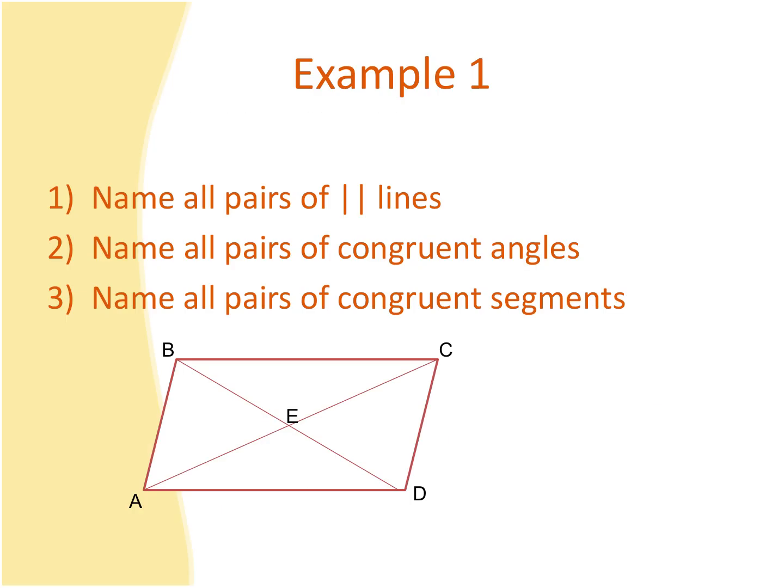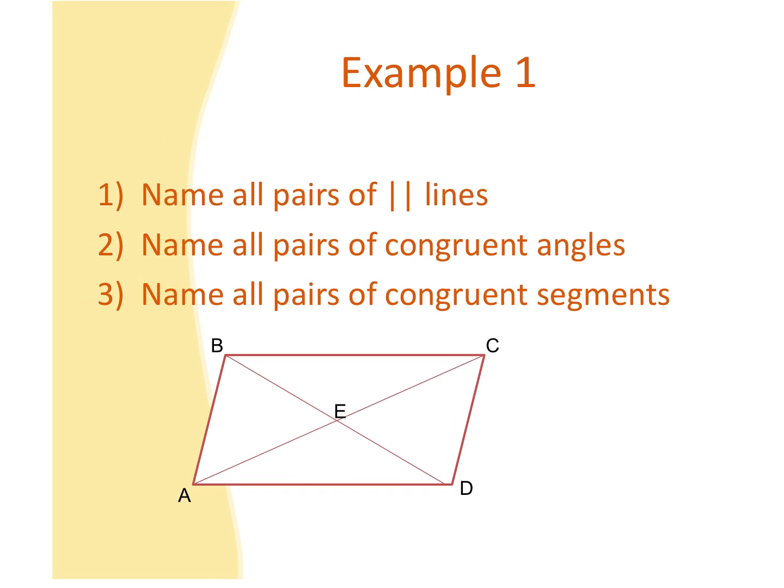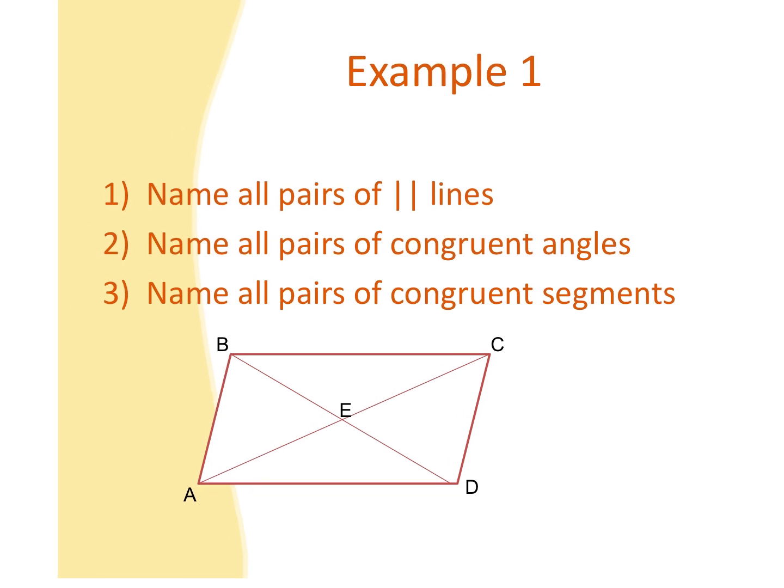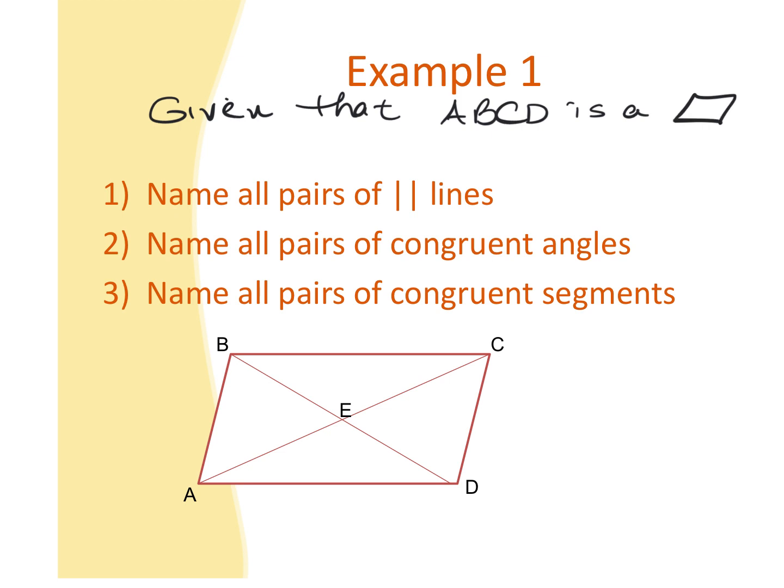So in this particular example, in order to answer these questions, you would need to first be given that ABCD is a parallelogram. Because ABCD is a parallelogram, I can tell that this side AB is parallel to CD, and that's going to answer number 1.